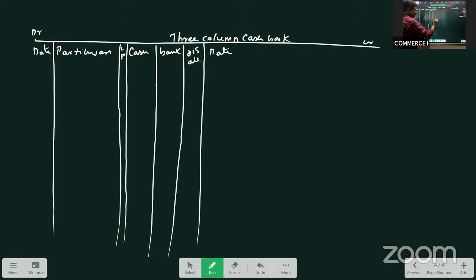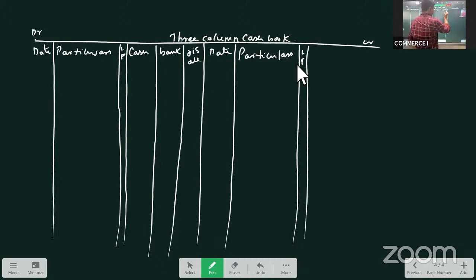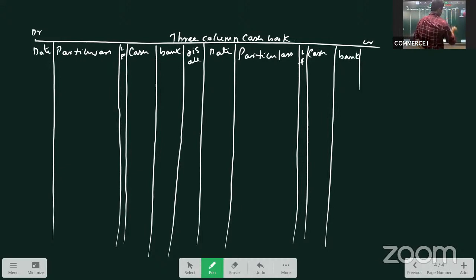Again, date, particulars, LF, cash, bank, and discount received.